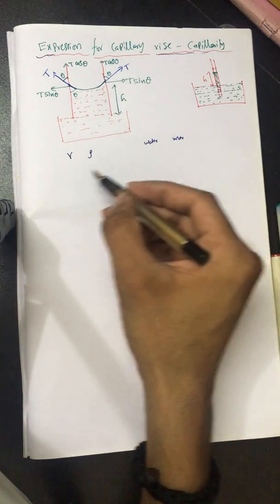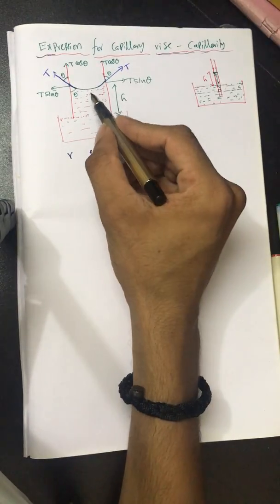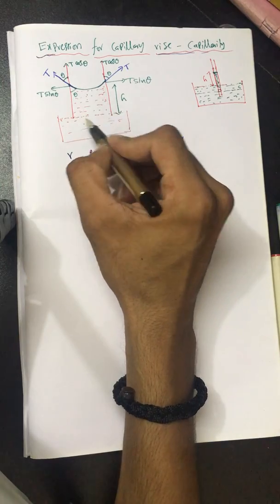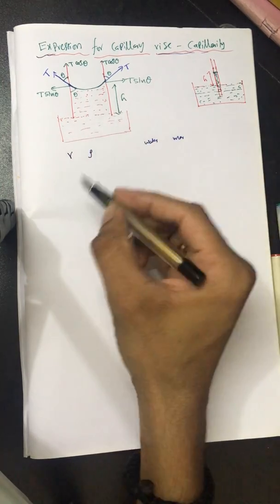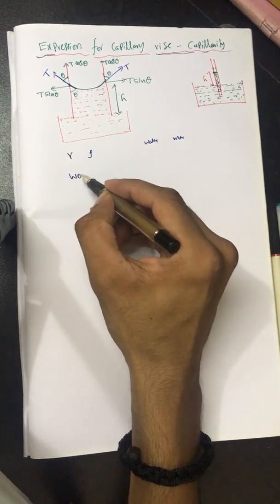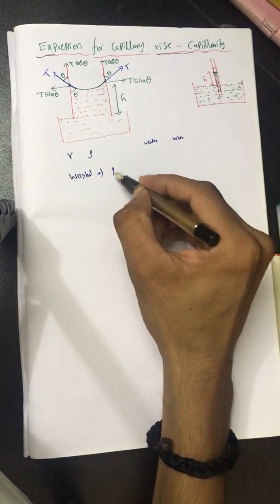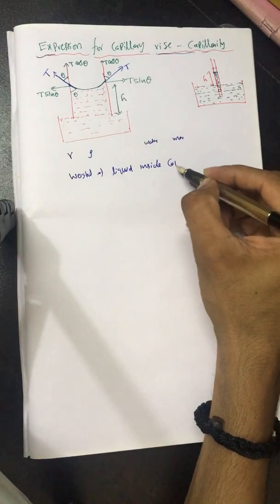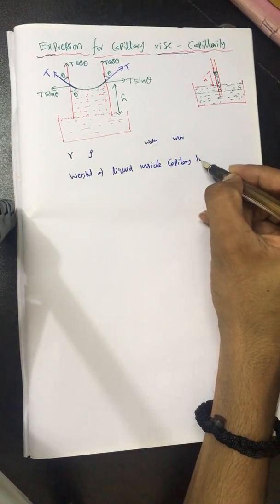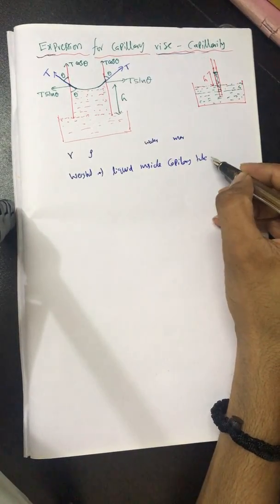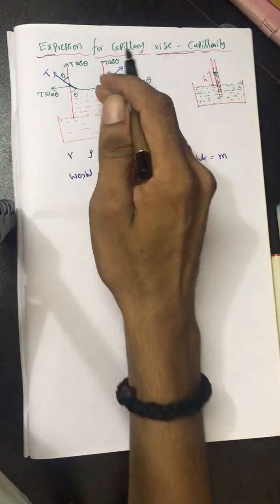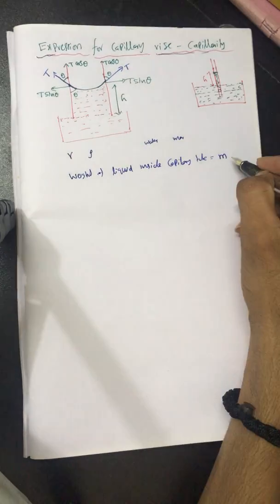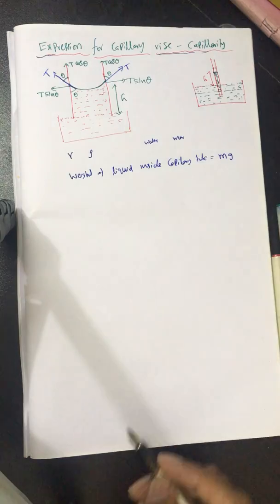Now I will find out how much is the weight of this liquid inside the capillary tube relative to the surface. The weight of liquid inside the capillary tube relative to the surface is equal to the mass of the fluid inside this times gravitational acceleration.